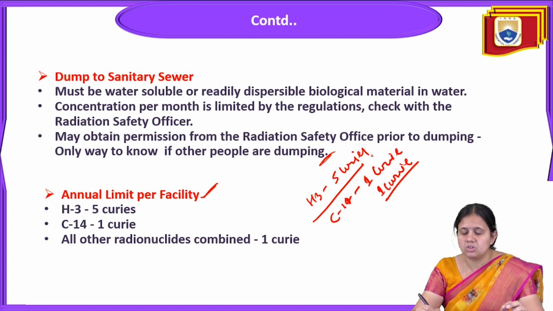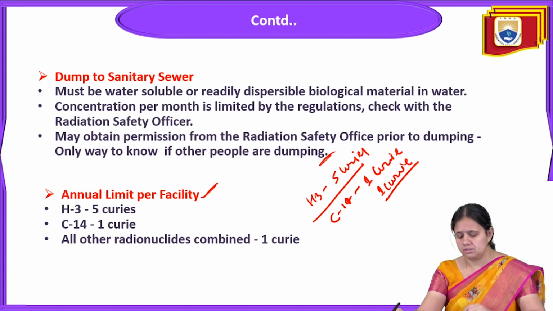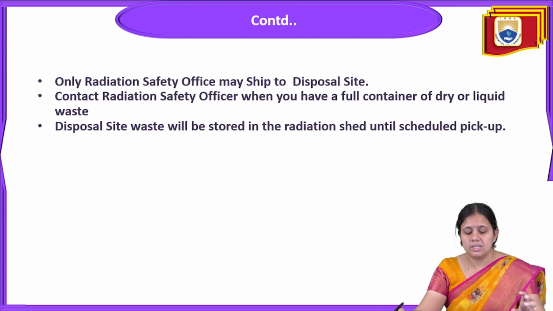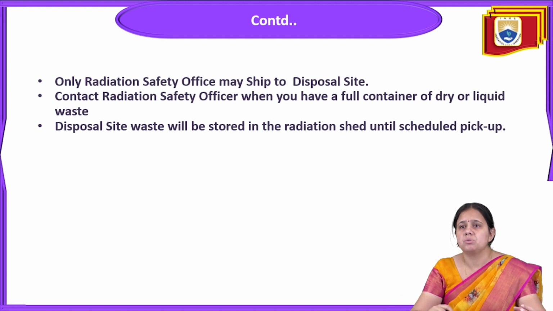The curie is the unit in which we measure radioactivity, and H3 and C14 are radioactive isotopes. H3 can be disposed of up to 5 curies, C14 up to 1 curie, and all other radionuclides combined up to 1 curie only. Only the radiation safety officer may ship to the disposal site.